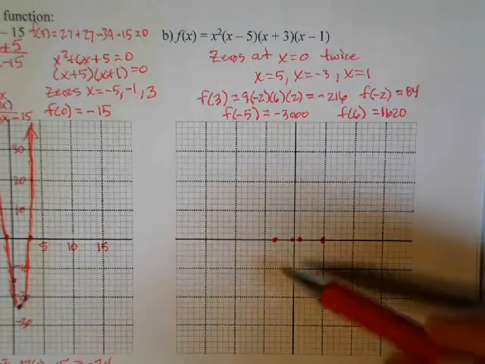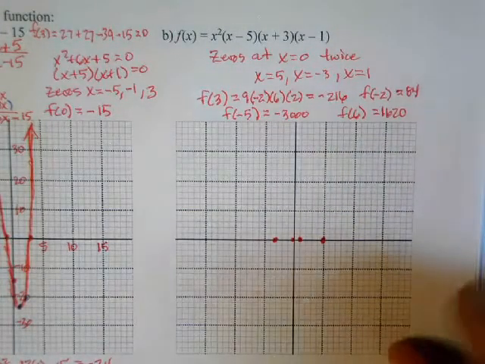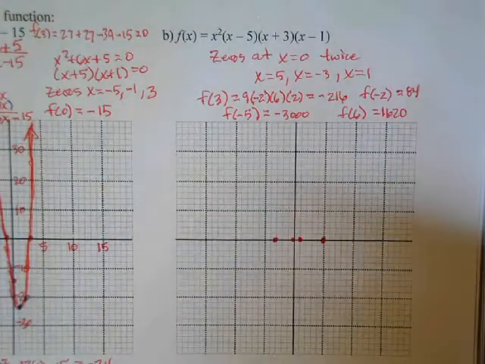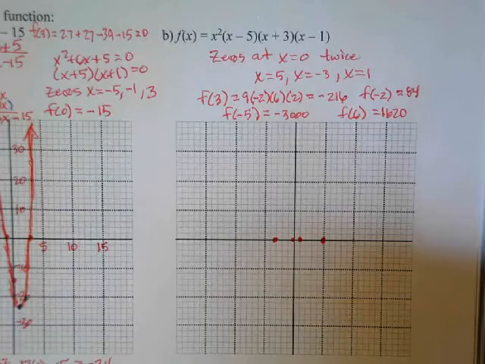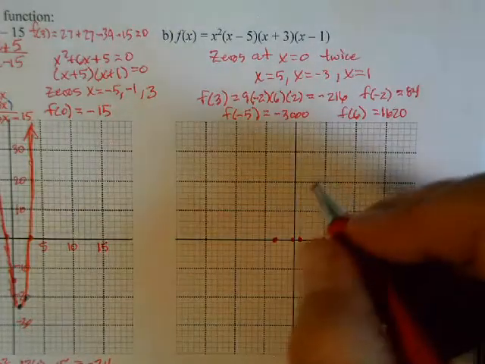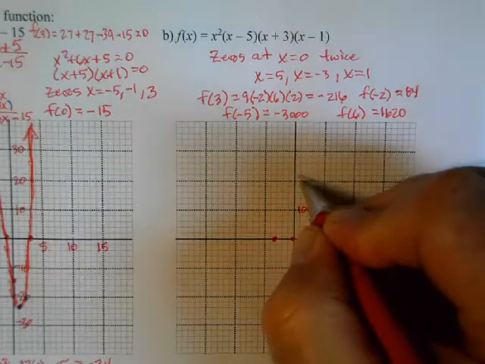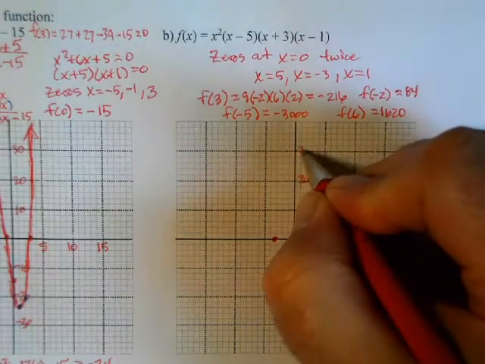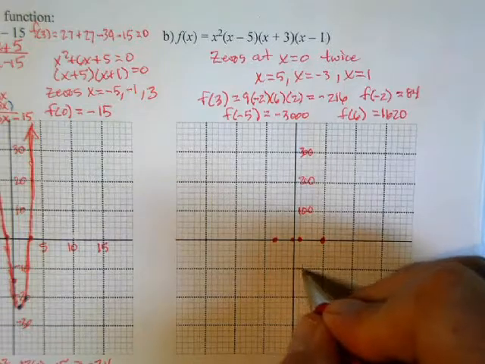Now, because those numbers get so big, instead of going by the tens that I did last time, now I'm going to go by hundreds. So 100, 200, 300, and so also -100, -200, -300.